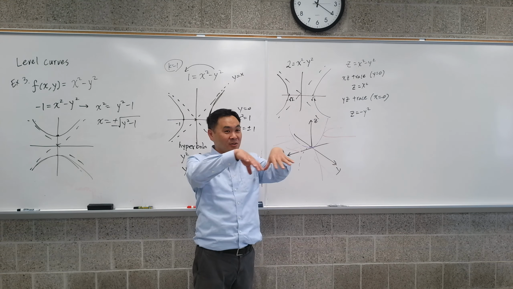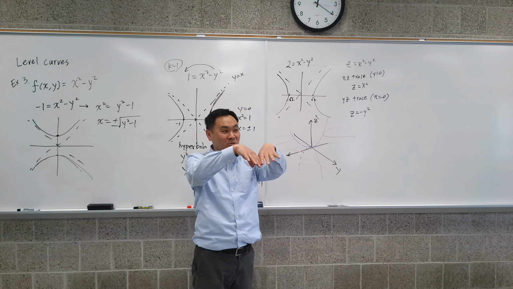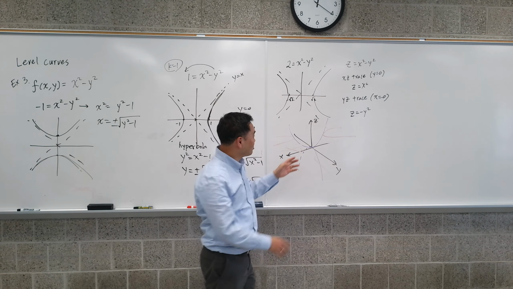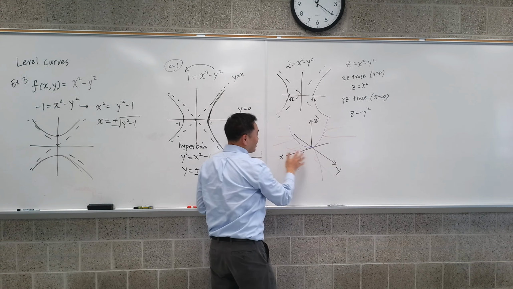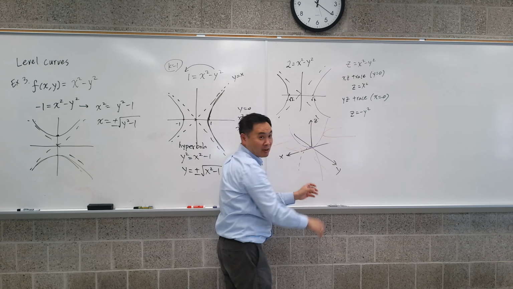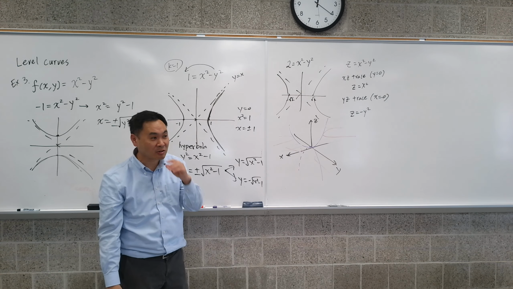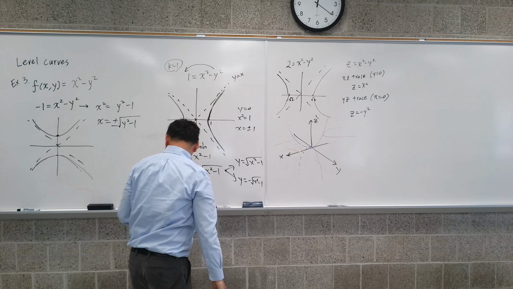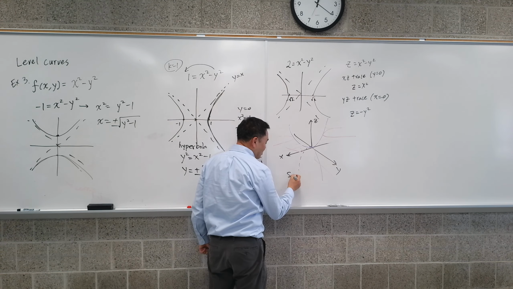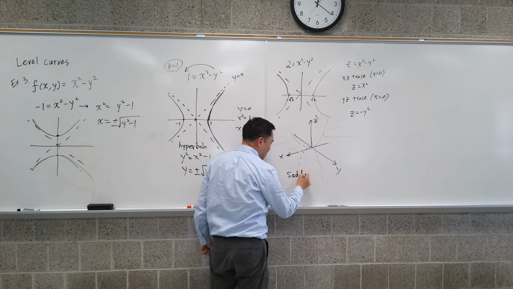If you know what a saddle looks like, that's this shape. So this will be like the horse's head, this will be the horse's behind, and then your leg goes over here. In fact, saddle is one of the official names for this surface.